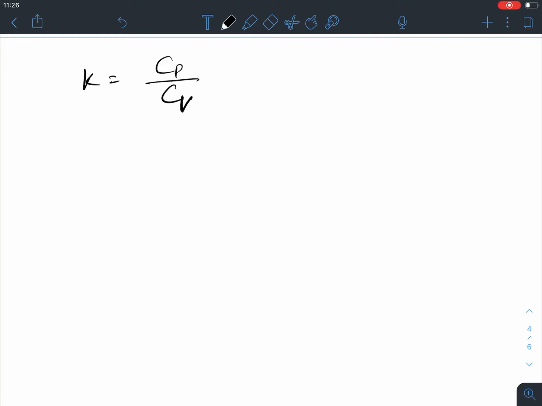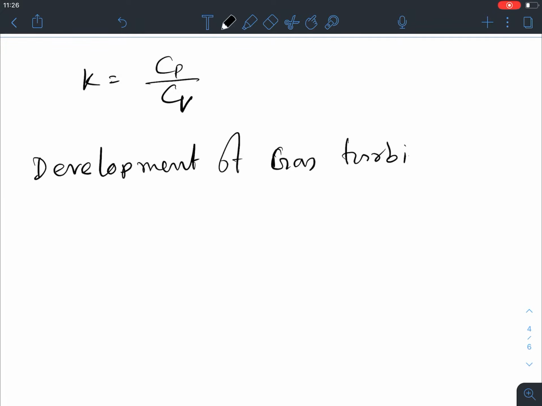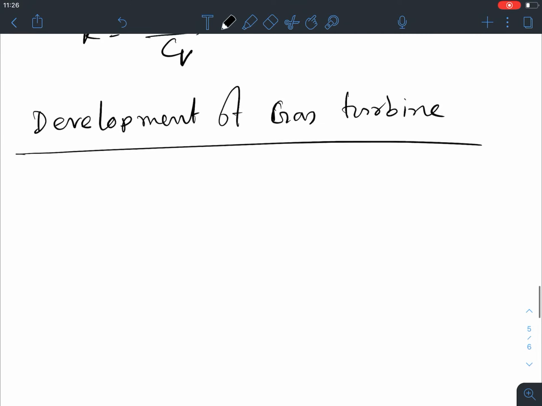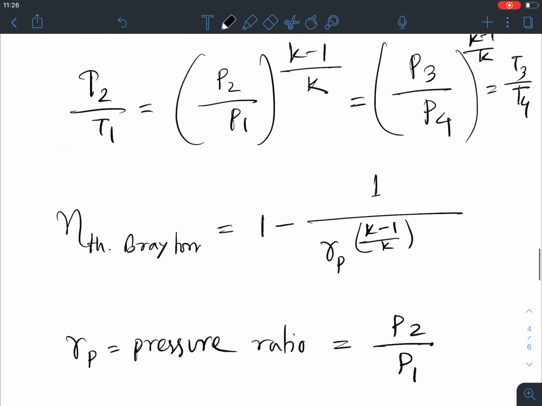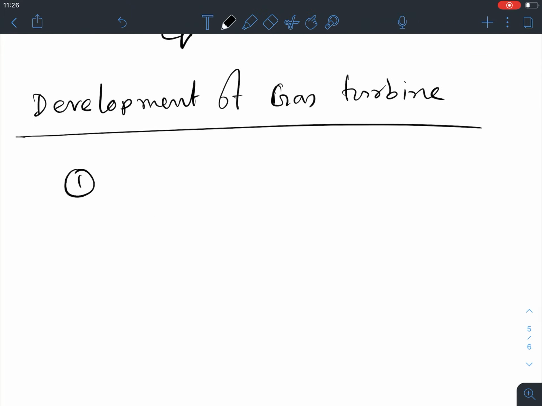Let's take a look at the development of the gas turbine, and how it is evolving by utilizing the Brayton cycle. The development of gas turbines based on the Brayton cycle is happening in three particular ways.